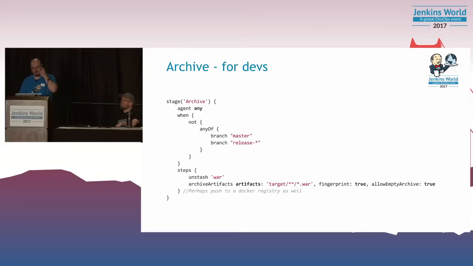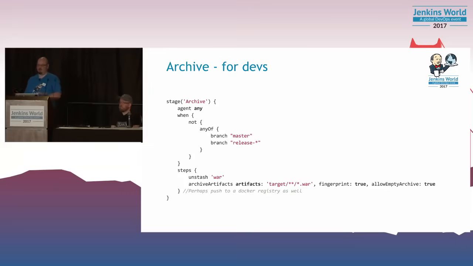I then realized that for the feature branches, the developers might want the actual war file downloaded in case something went wrong. They might want to do some analysis or something. So I've added this archive stage to archive the build artifacts. This is basically when we're not running on the master or a release branch, meaning a feature branch in my scenario.